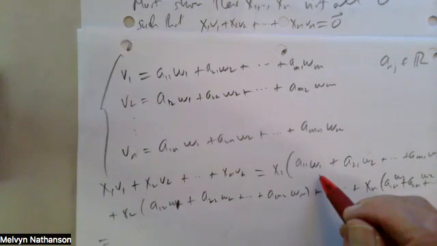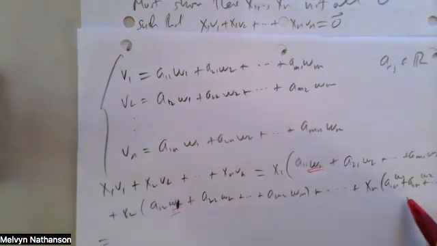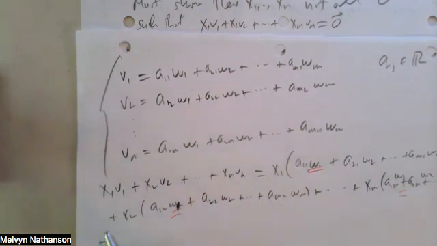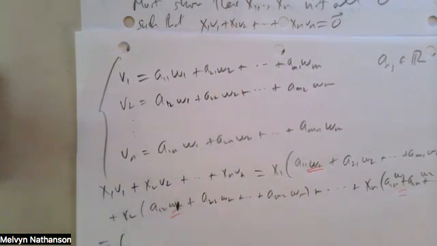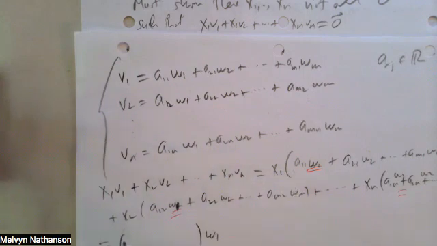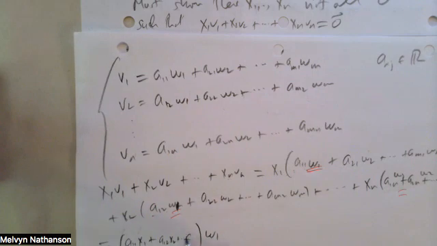And now in each of these parenthesized things, I have a w1, for example. So what is the coefficient of w1? It's a11 x1 plus a12 x2, all the way up to a1n xn.